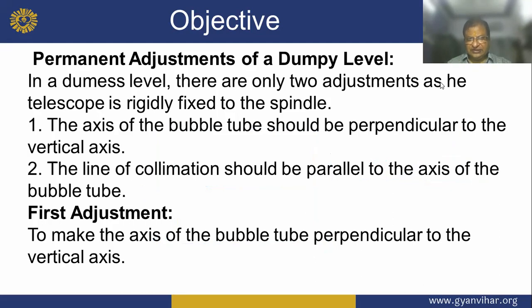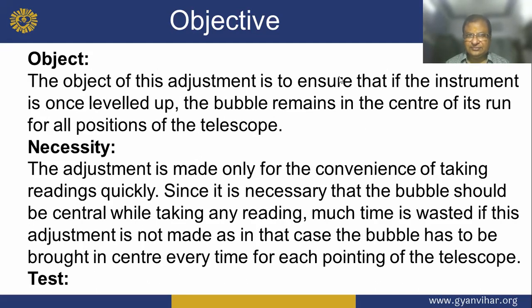So the line of collimation should be parallel to the axis of the bubble tube. The first adjustment you will do is to make the axis of the bubble tube perpendicular to the vertical axis. Clear?